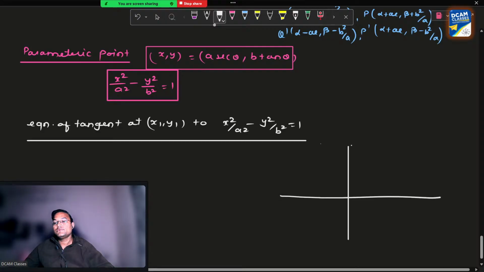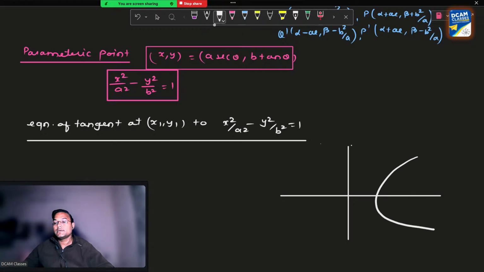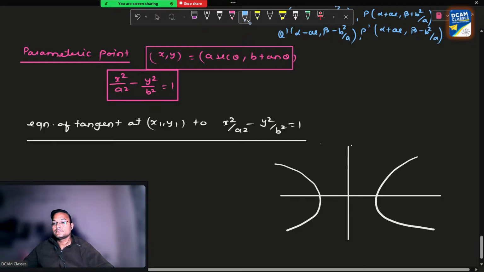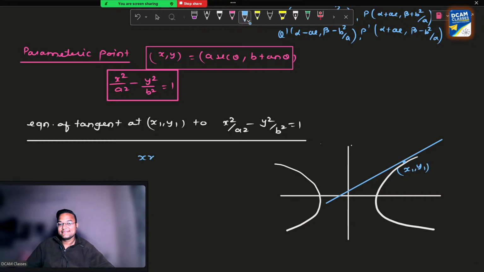It's been 3 times we have applied this trick to find the equation of tangent. Just substituting x1. Tell me quickly. x x1 by a square minus y y1 by b square is equal to 1. This is the equation of tangent. Easy to find.